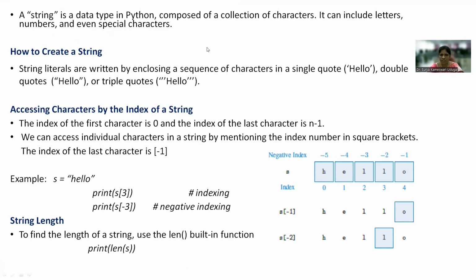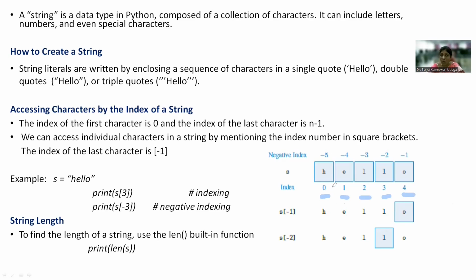If you observe this point, s consists of 5 characters: H, E, L, L, O. Each character has some index, and that index starts from 0. Here H is the first character, its index is 0. Similarly E, L, L, O. Each character in the string is represented by an index.